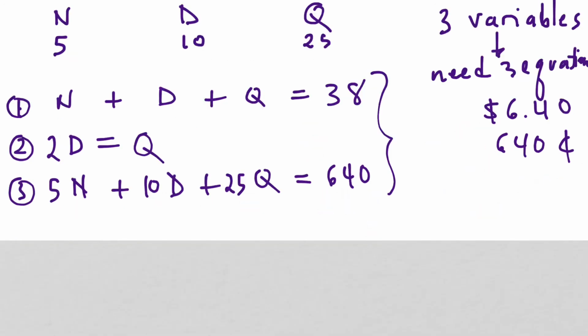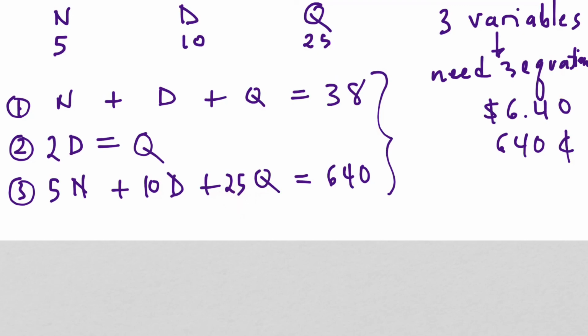So what we can do is we can notice that this little short equation here will help us out because we already have Q in terms of D. So wherever I have a Q in these 2 equations, I can write 2D. Then I'll have an N and a D in this equation and an N and a D in this equation. I can solve those 2 simultaneously for the other 2 variables.